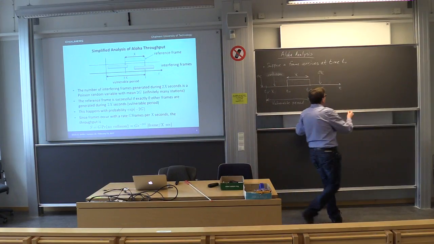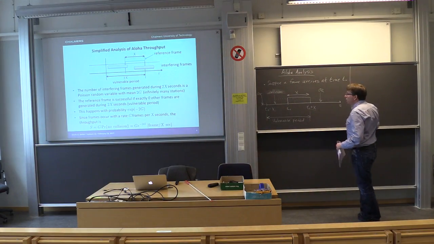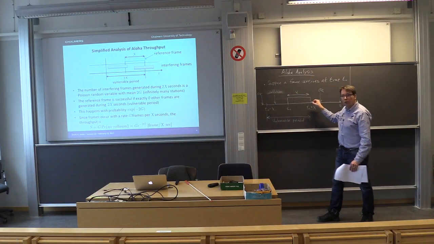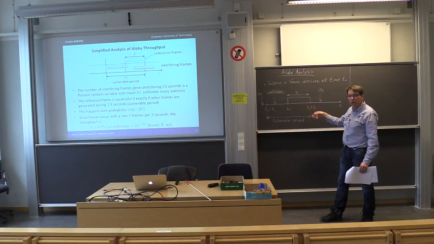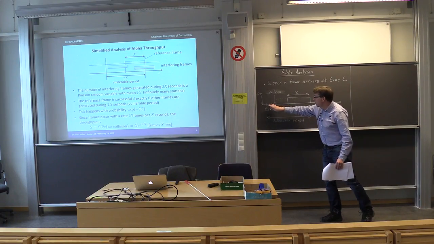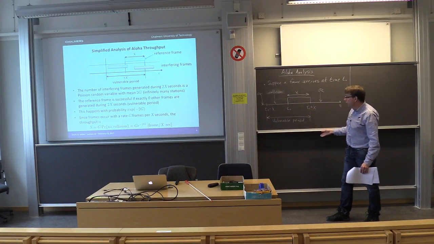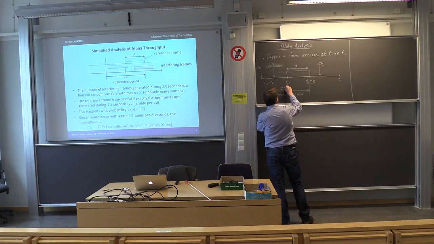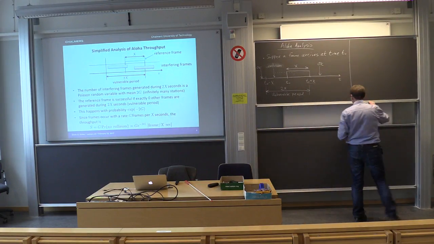Okay, so what is the probability that there arrives one or several of these that cause a collision? We can turn the thing around. What is the probability that there arrives no frames over a time duration which is equal to 2x seconds? Okay, so this is 2x seconds long.